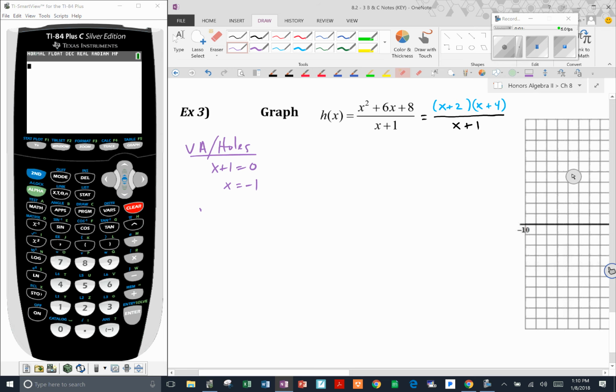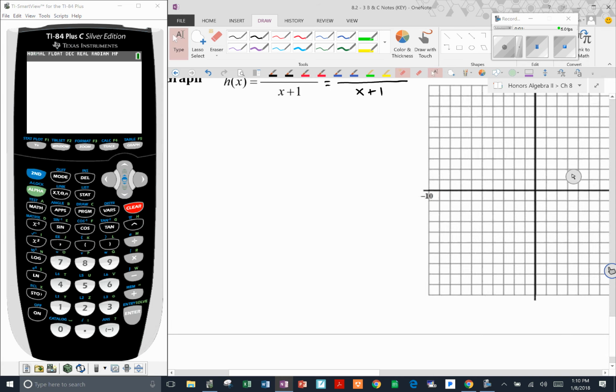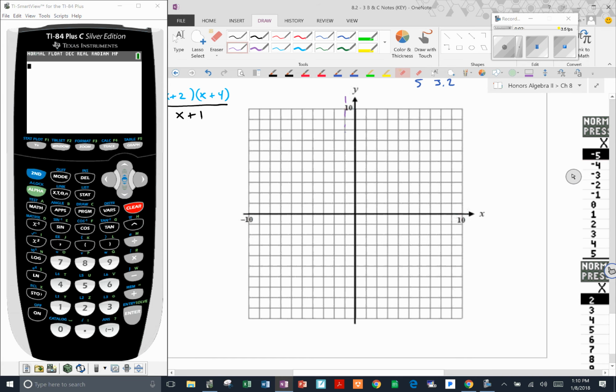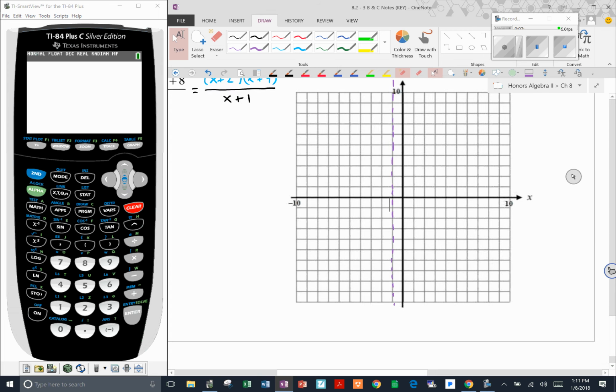It is a vertical asymptote, just like some of the earlier problems that we did. So we have a vertical asymptote at x equals -1, and we know that is a restriction on the domain. We know that -1 cannot go in for x in this function. So we never cross a vertical asymptote because of that idea, that it's a restriction on the domain. So there's my vertical asymptote at -1.